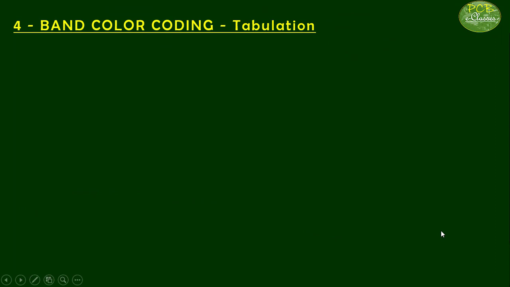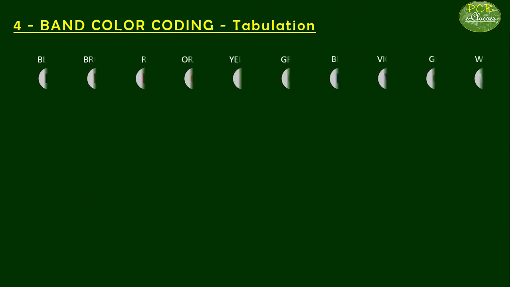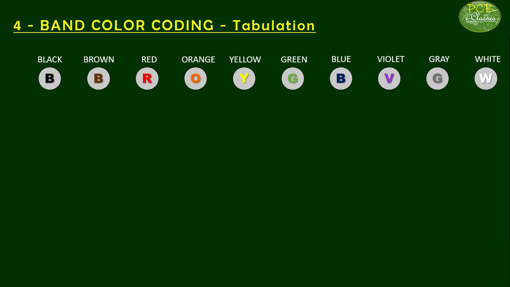Let us see here, the tabulation part. What does the color code indicate? What are the colors we have? Black, brown, red, orange, yellow, green, blue, violet, grey, white. So in a sequence I will be giving the number. The first one is starting with 0, then 1, 2, 3, 4, 5, 6, 7, 8, 9.